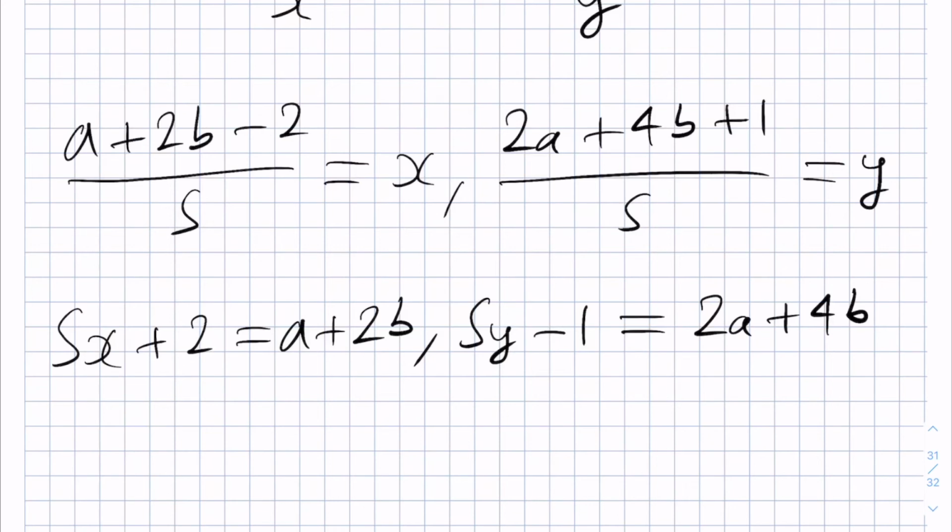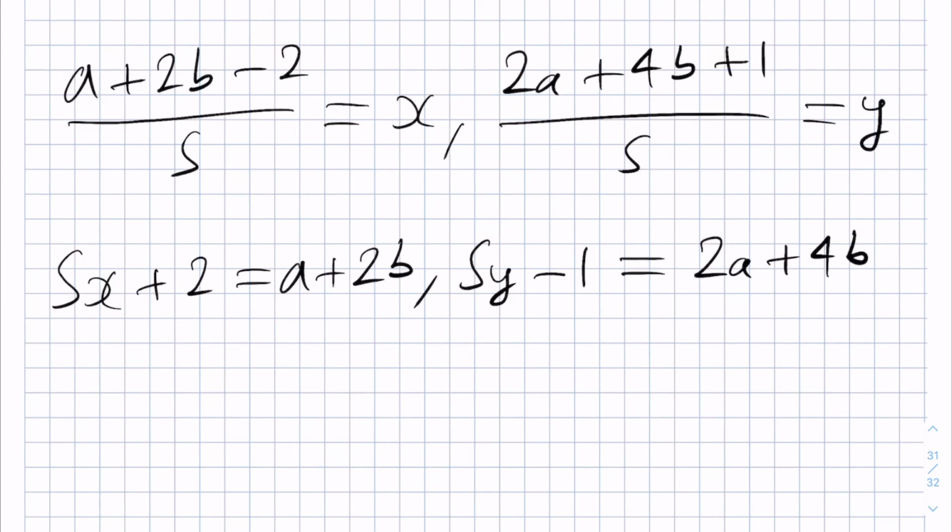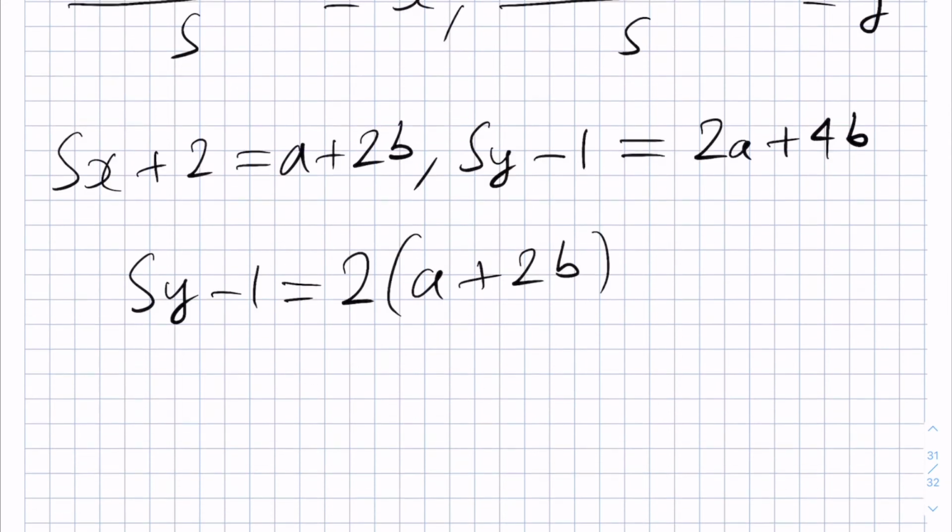However, in this case, a particularly nice way is to notice that the expression here is exactly half of the expression here, and therefore we can eliminate a and b quite swiftly. We get 5y minus 1 is 2 lots of a plus 2b, but a plus 2b is 5x plus 2. And so a and b have been eliminated in this equation here.